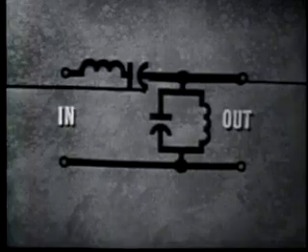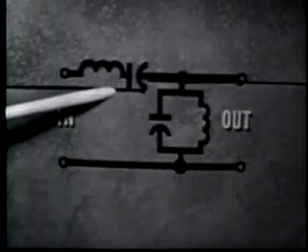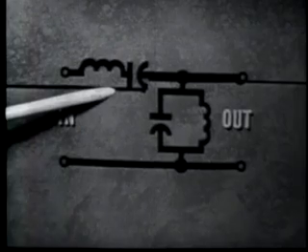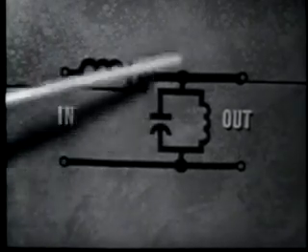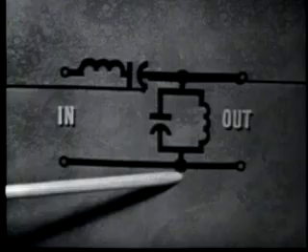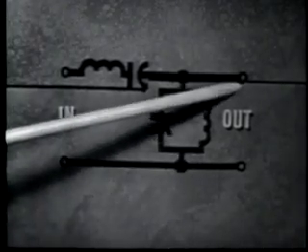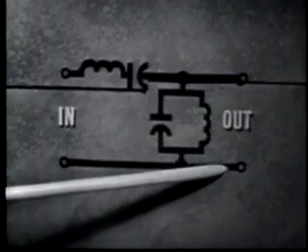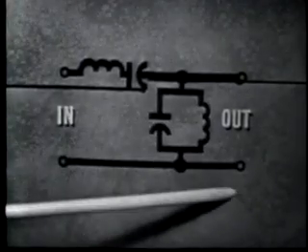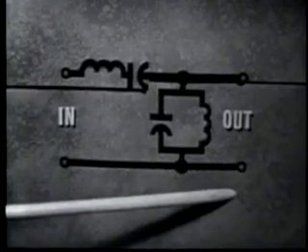To frequencies around resonance, the series tank offers minimum impedance, thus will allow them to pass through. The parallel tank offers maximum impedance to these frequencies, thus will develop maximum output voltage. And since the output is taken across the tank, the output voltage will be maximum at these frequencies.